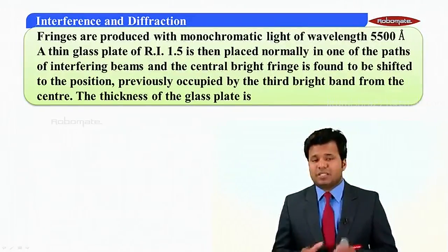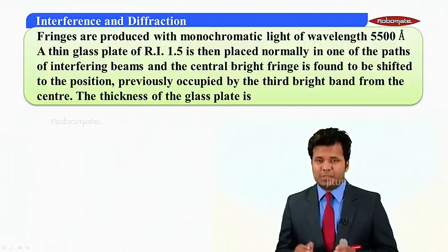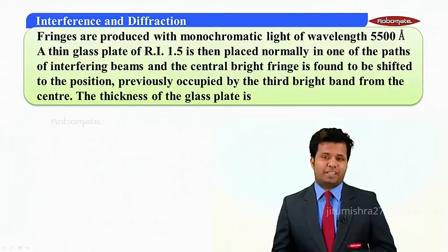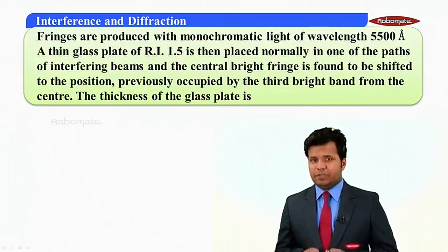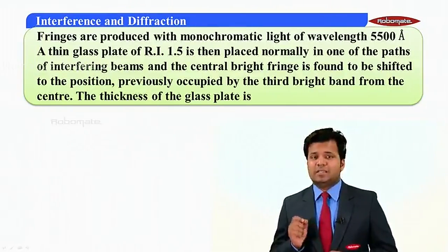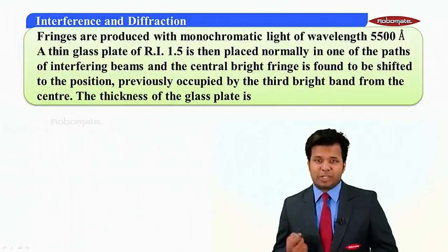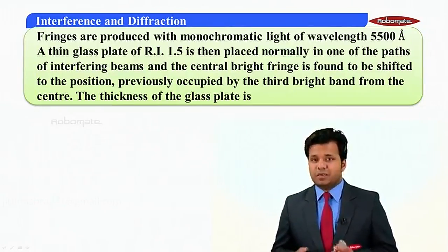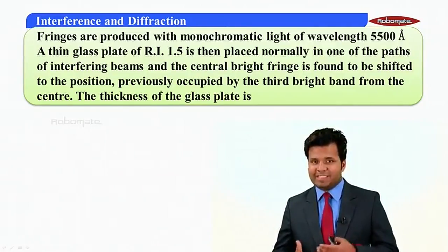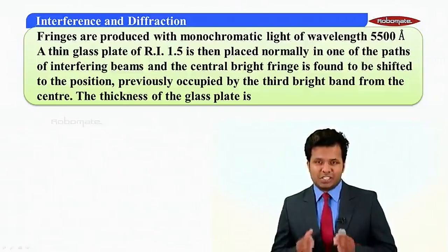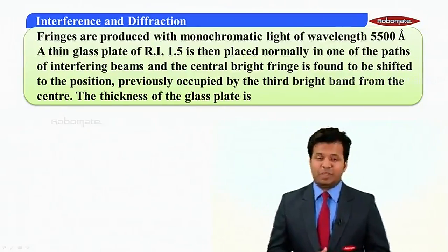You just need to determine the thickness of the glass plate. If you observe clearly, the new central fringe is replacing the third bright band with respect to the center. So this is related to the shifting type numerically. It's a coincidence, where the bands are coinciding. You just need to keep those concepts in your mind before solving this question.